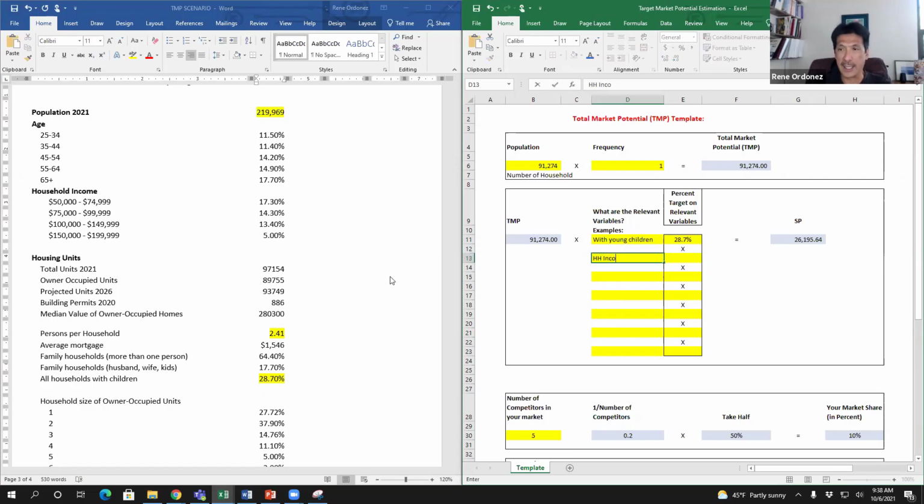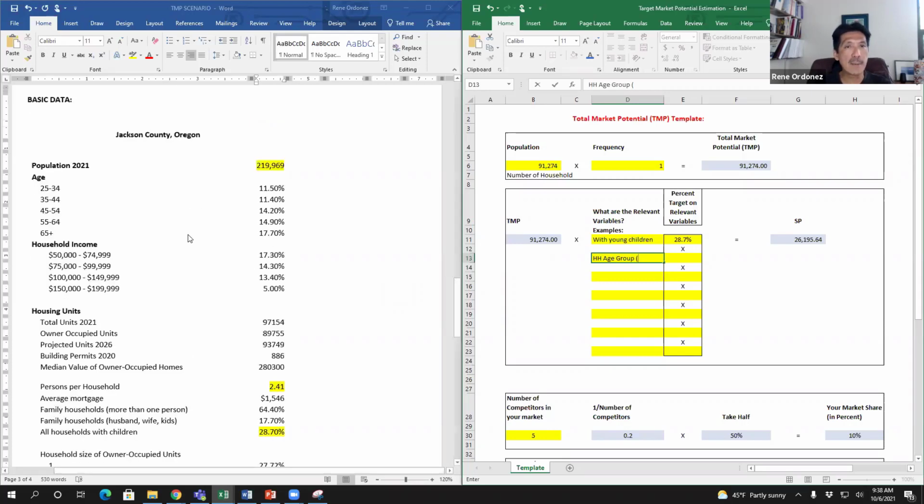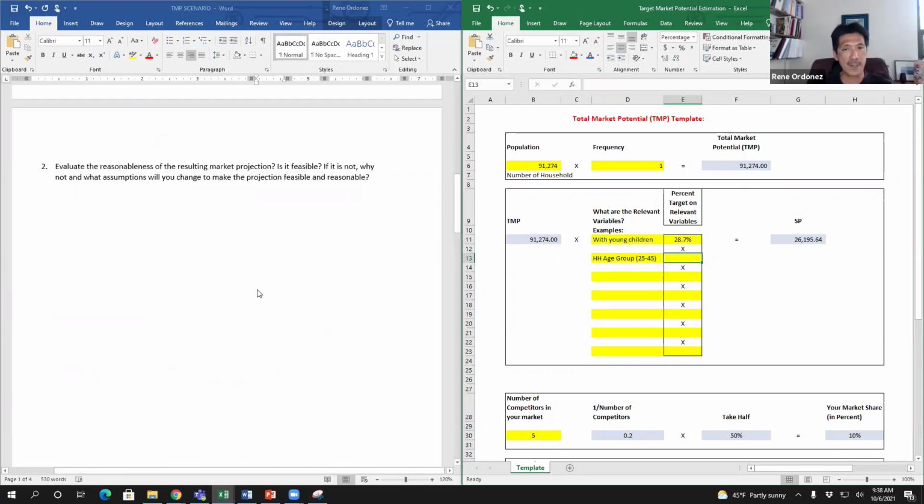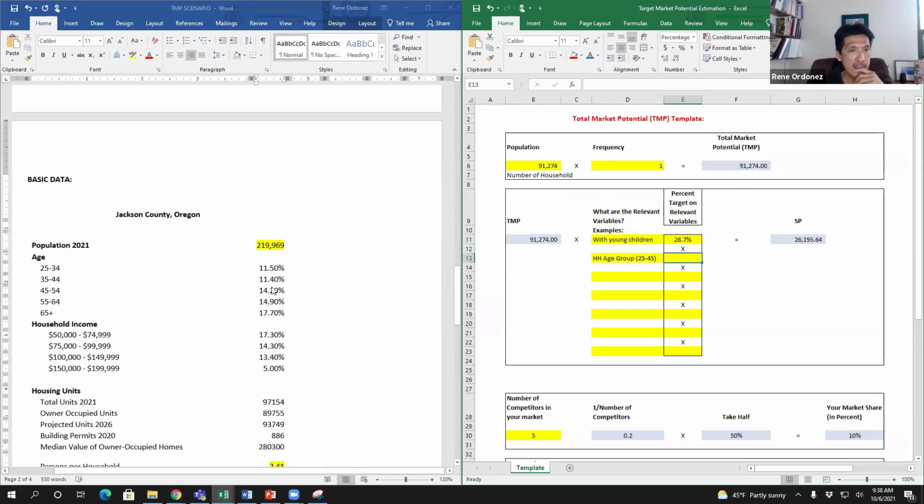Any other relevant variable? Household income. Let's do that last because there will be a little bit of computation involved. Age group, say household age group. What was the age group we were trying to target? 25 to 45. Is the percentage something we can pick up from the data right off the bat?